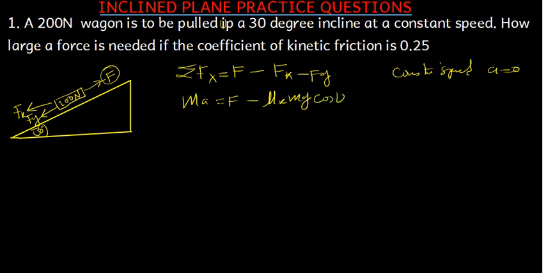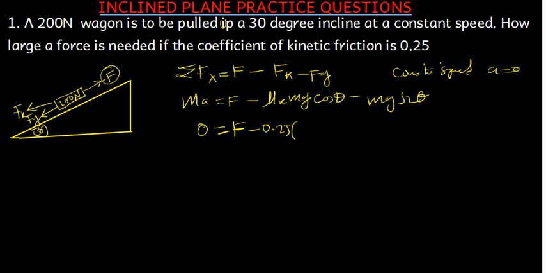And then Fg is given by mg sine theta. If you don't know where these equations come from, we have a video you can scroll and check out on where these equations come from. We know that acceleration is 0, so 0 times mass gives 0. So 0 is equal to F minus mu k, which we've been given as 0.25, times mg.